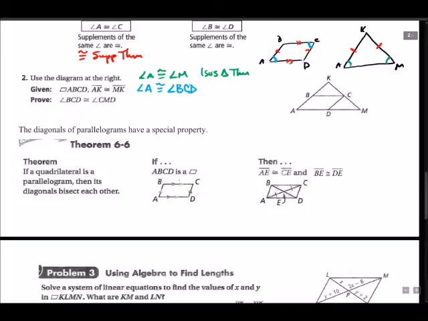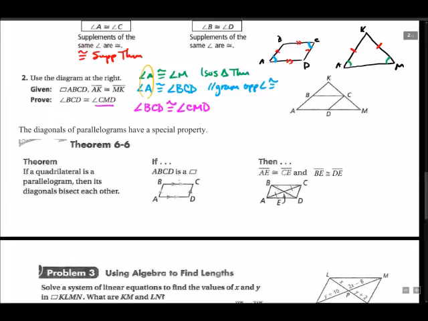And why is that true? Because in a parallelogram, opposite angles are congruent. And now, what do you see here? We are going to be able to say that angle BCD is congruent to angle, and they don't call it M, we shouldn't either, angle CMD.